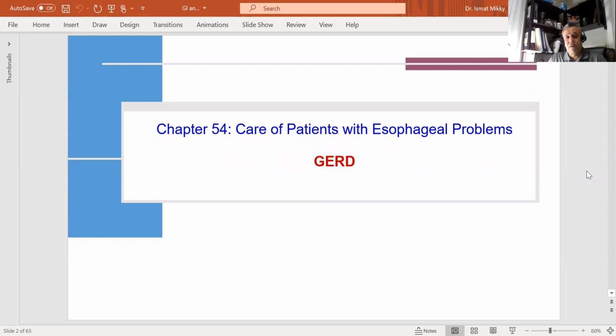The first disease, GERD, is very common.